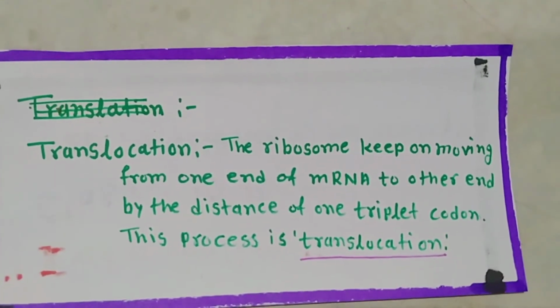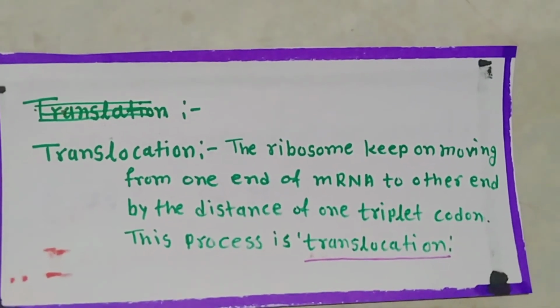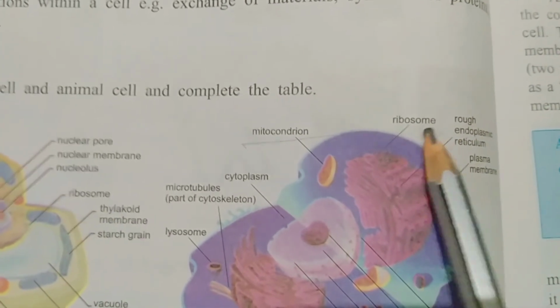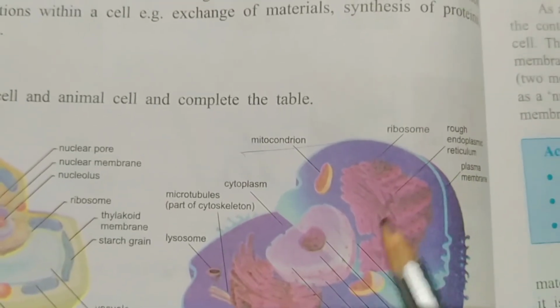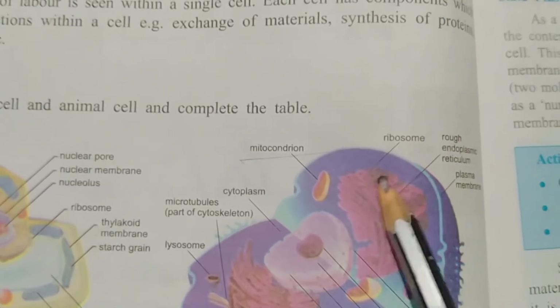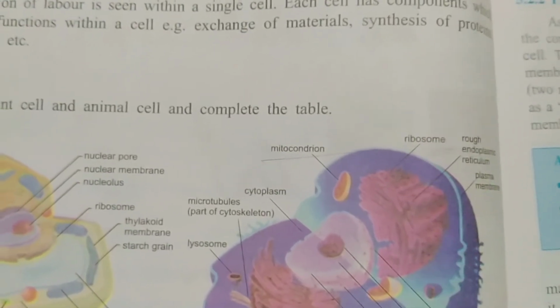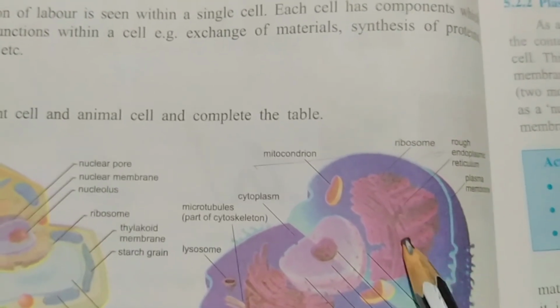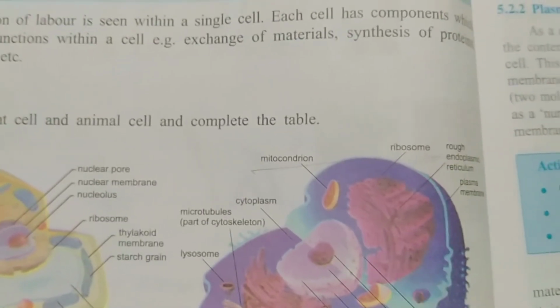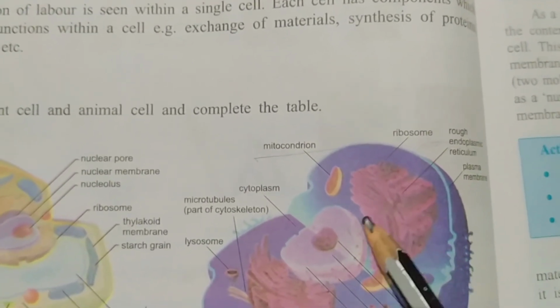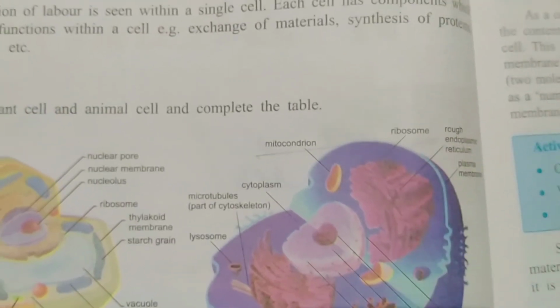One of the organelles is the ribosome, present in our cell, and the process of protein synthesis happens here with the help of ribosomes.